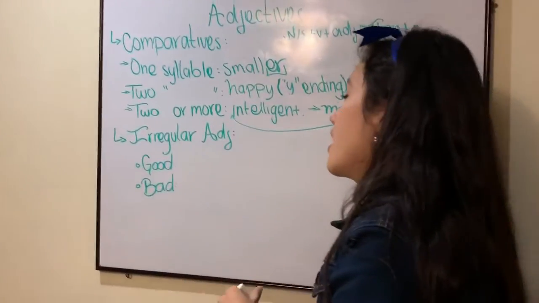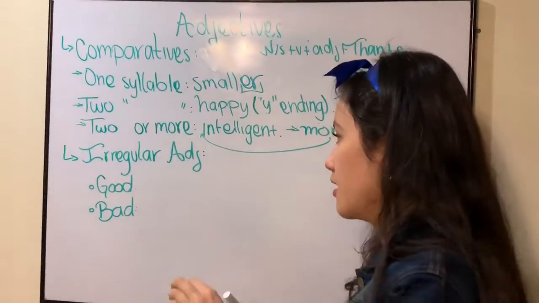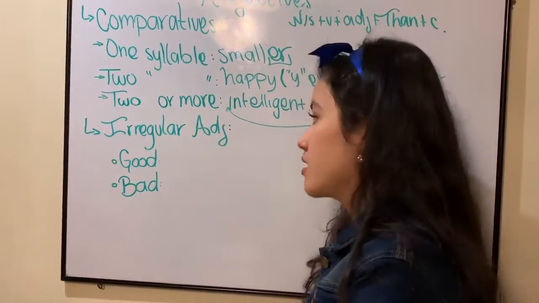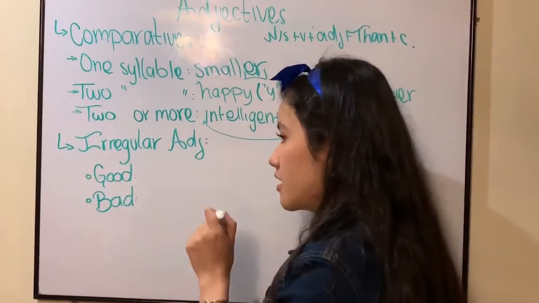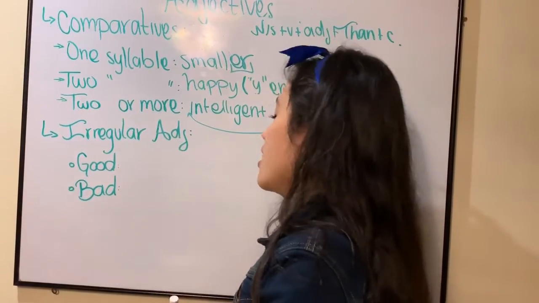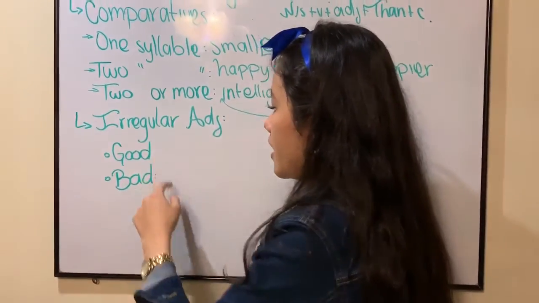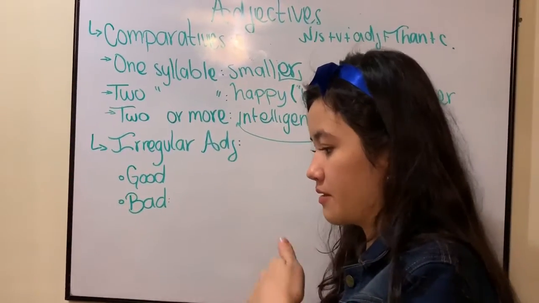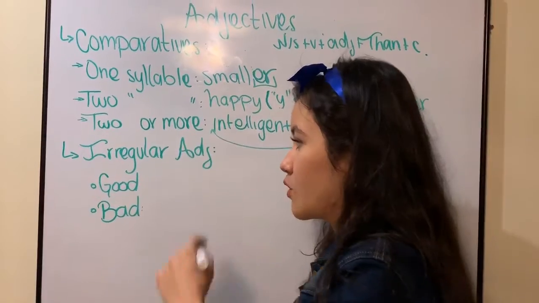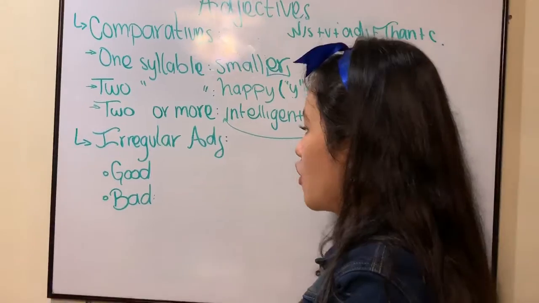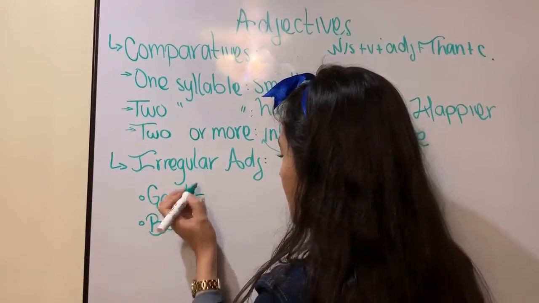Pay attention a minute, please. We have a special case in adjectives, the irregular adjectives. There are adjectives that change completely in comparative and superlative forms. For example, if you want to say that someone is more good than another person, you say better.